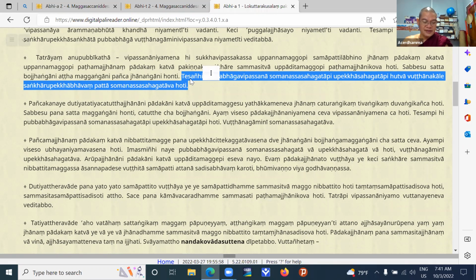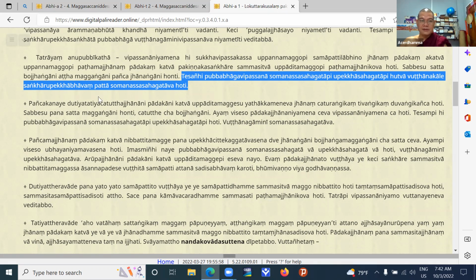Popa baga vipassana, during the time of vipassana meditation, there could be somanasa sagada, there could be upekkha sagada. Otana kale, sakarupaka bawa padwa, somnasa sagadawa hodi.